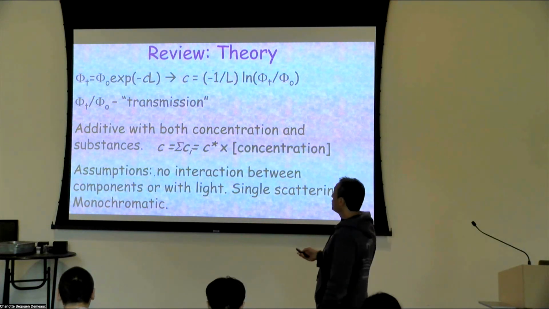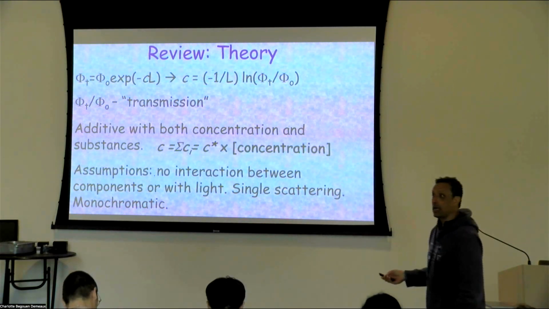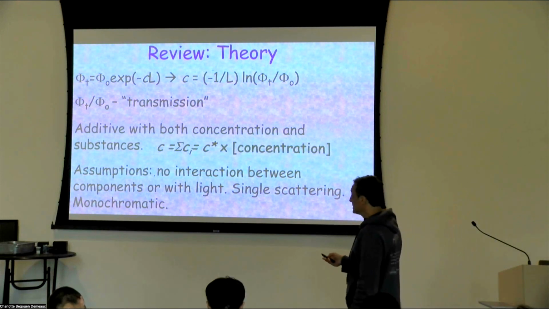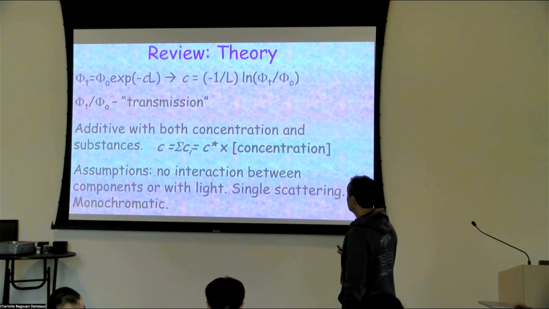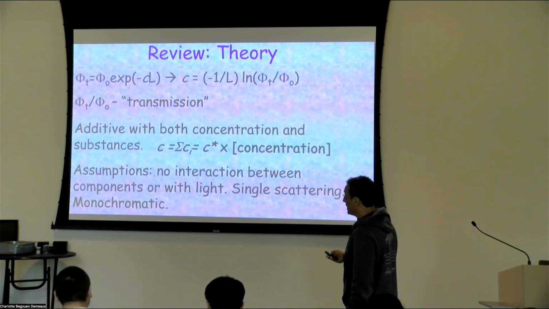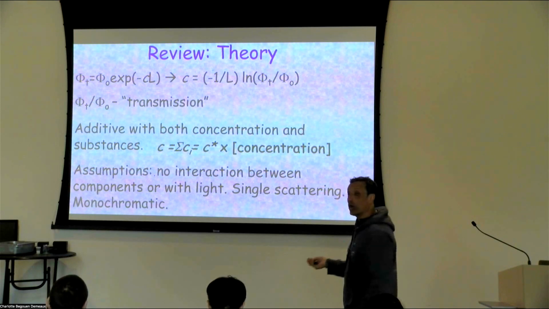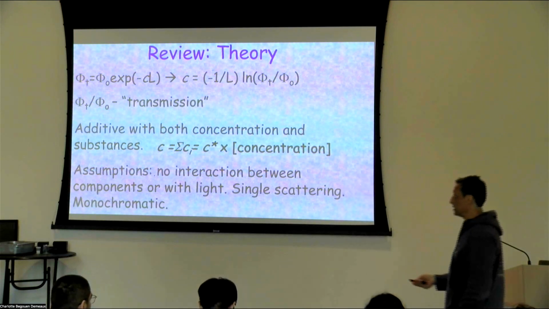We call this ratio the transmission. Sometimes people use percent transmission: they take the amount of light we measure, divided by the amount of light we put in, and multiply by 100.